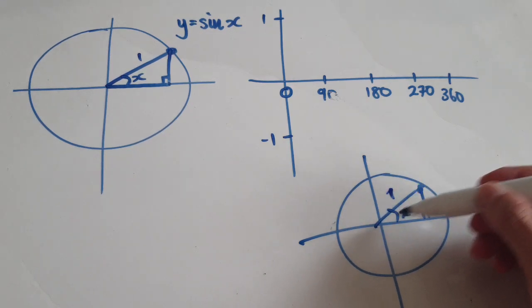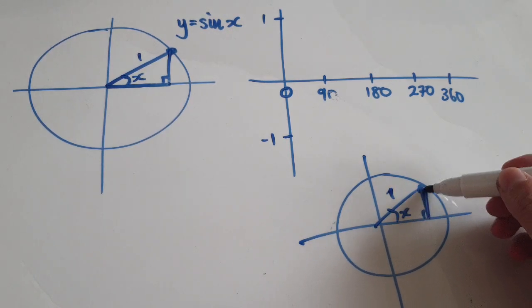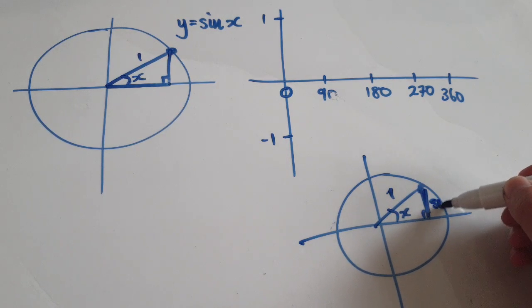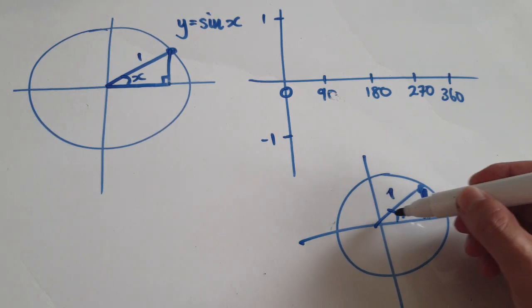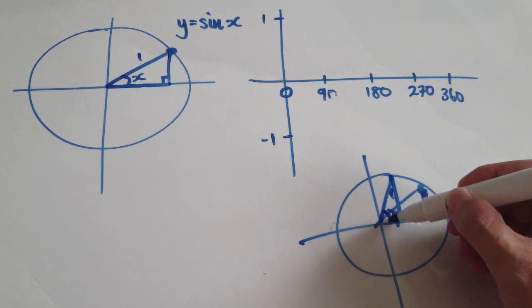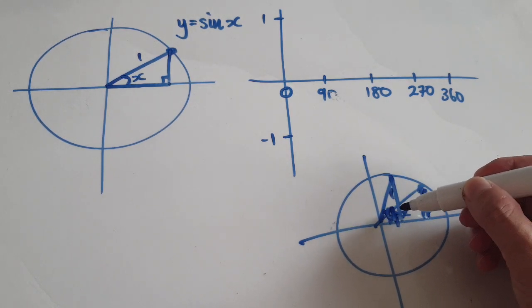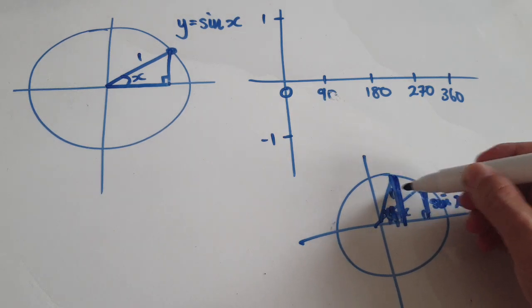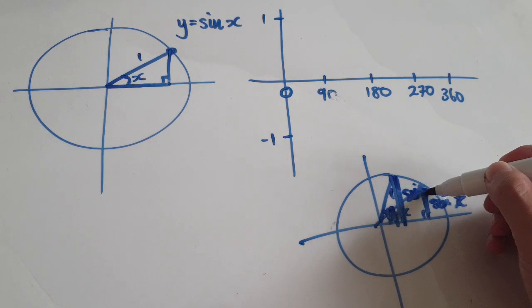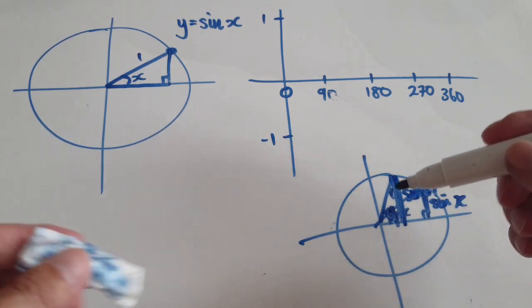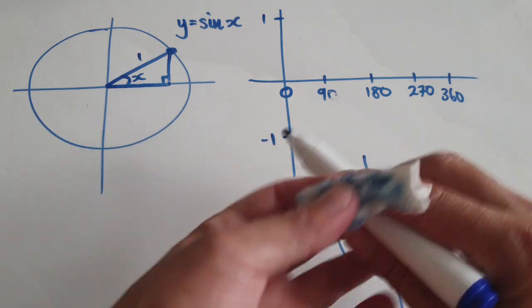You can just say sine x. So if the angle here is, let's say, 61 degrees, then this height here would be sine 61. So you always sine the angle if you want to know the height.